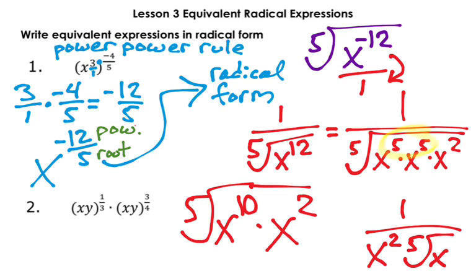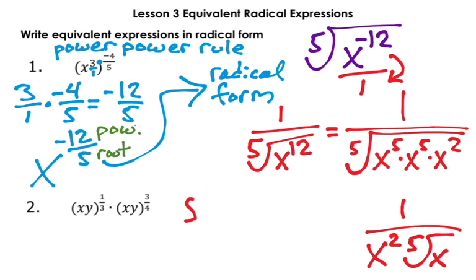Remember, if we are able to cancel out these x to the 5ths, then that means there are 2 copies of it that would come out of the radical sign and move to the front. Or another way of thinking about it is that it is just x to the 10th, and we would be dividing 10 by 5 and getting an exponent of 2 on the outside from right there. So let me just back that up, and a little extra work right there.